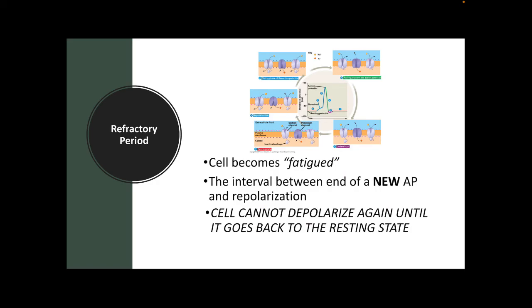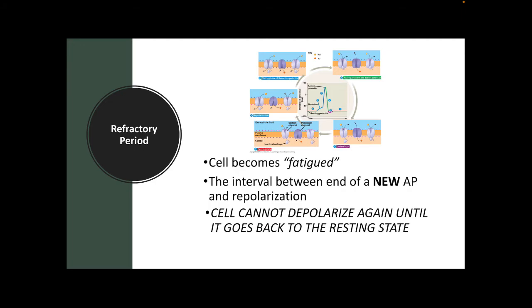Now, this return back to normal is really important, because if your cell membrane is not able to be repolarized, it cannot respond to another stimulus until it has done so. And this is called the refractory period. So the refractory period is basically the time between an action potential or nerve impulse being released, and the return of the neuron back to its polarized state, or repolarization.